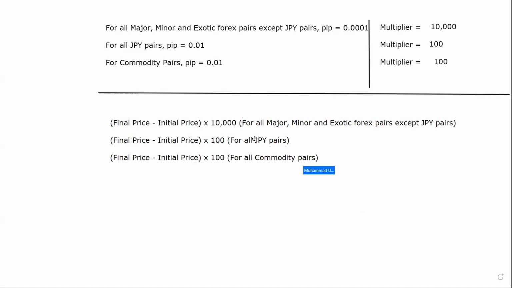So for all commodity pairs, this is the formula: final price minus initial price multiplied by 100. And multiplied by 10,000 for all major, minor.